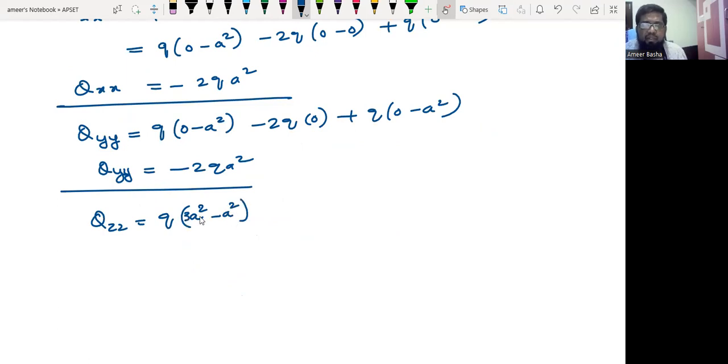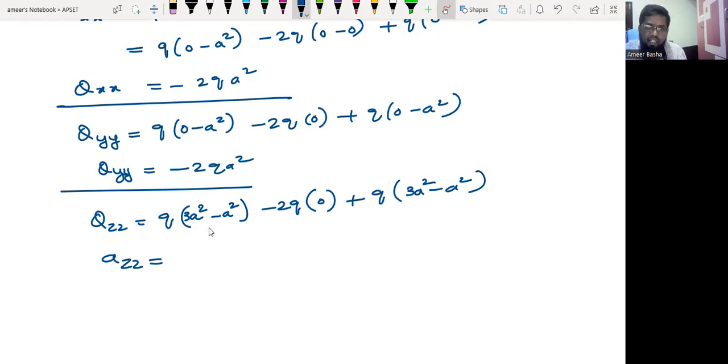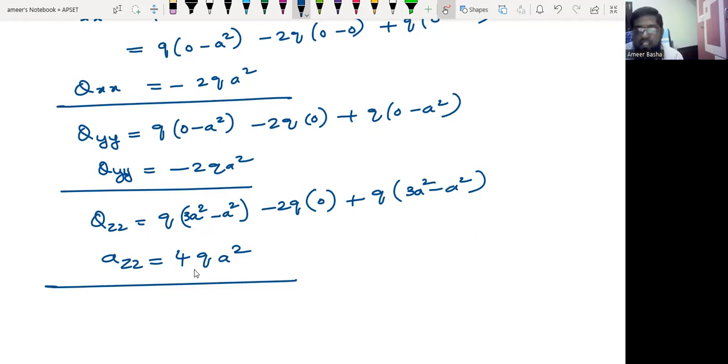Sorry, here it is 3a square, then minus 2q, and of course nothing here, then plus q, 3a square minus a square. So zz will be equal to 2a square, and 2a square. Then what will I get here? 4q a square. You notice the trace is 0. That is minus 2q a square minus 2q a square plus 4q a square. Okay, we have calculated correctly. Trace is 0.